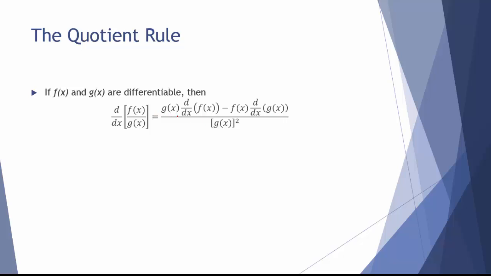And then you take all of that and you divide it by g of x squared, the denominator squared. Or in the slightly simplified notation, if you want f over g prime, that's g f prime minus f g prime all over g squared.